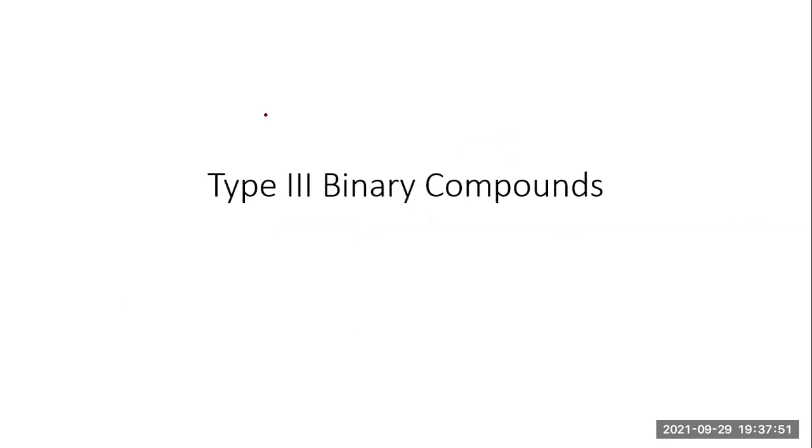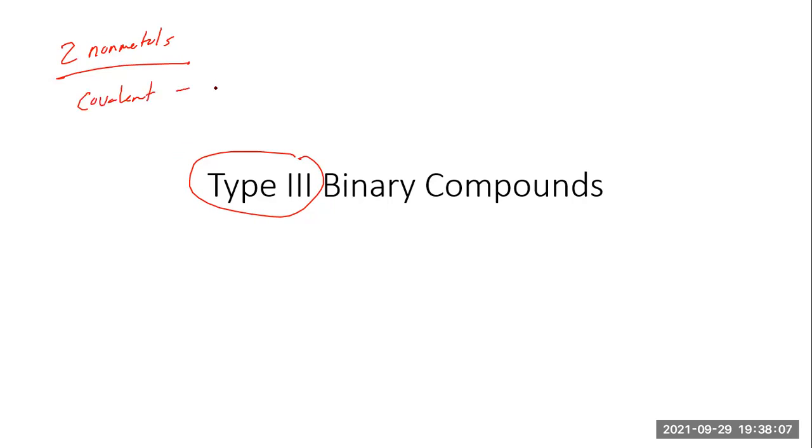So now we're going to talk about type 3 compounds, and type 3 compounds are different. Type 3 compounds are actually two nonmetals. And as we've been talking about with the bonding as well, that should tell you that these are covalently bonded together, which means we have some sharing of electrons. Most of the time when people try to name things, they always want to use those prefixes, like, hey, there's 2 chlorines, so dichloride. This is actually the one and only place that you should use prefixes.